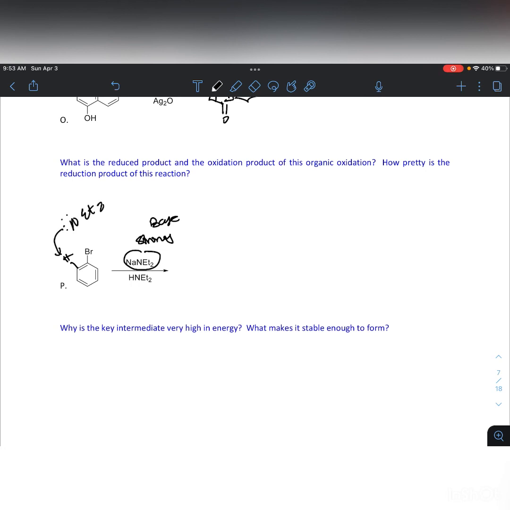This would deprotonate this, kick off this. Then you end up forming these, they call them benzyne. They're very reactive. And then it's going to react with your base again.